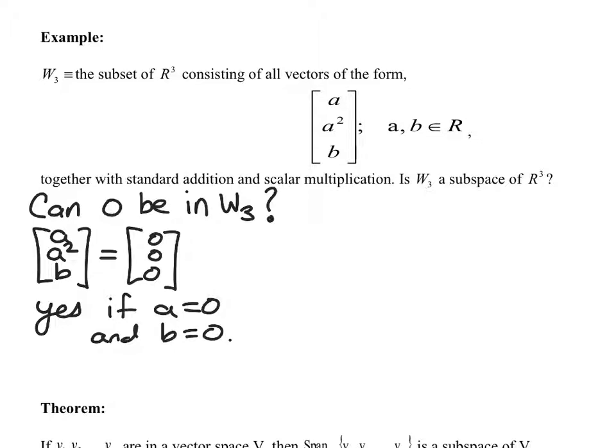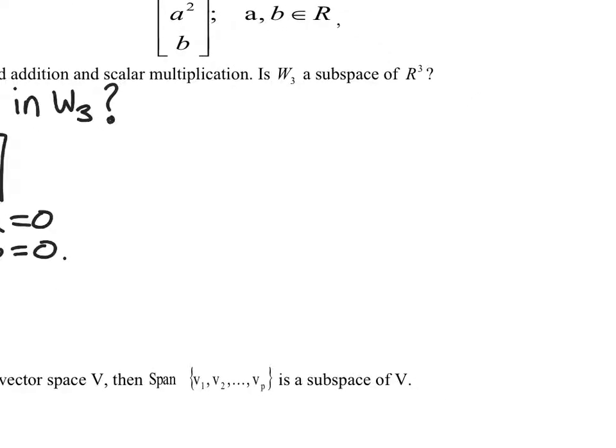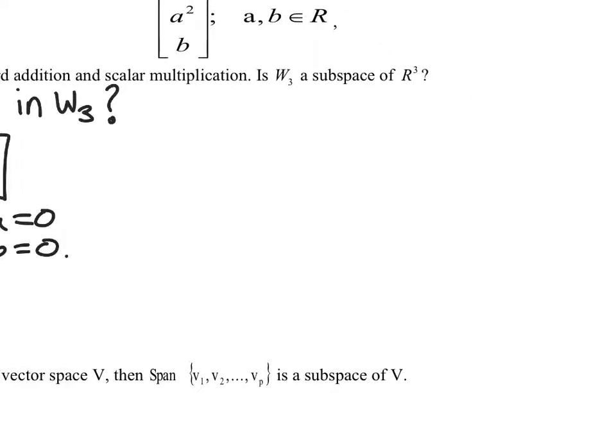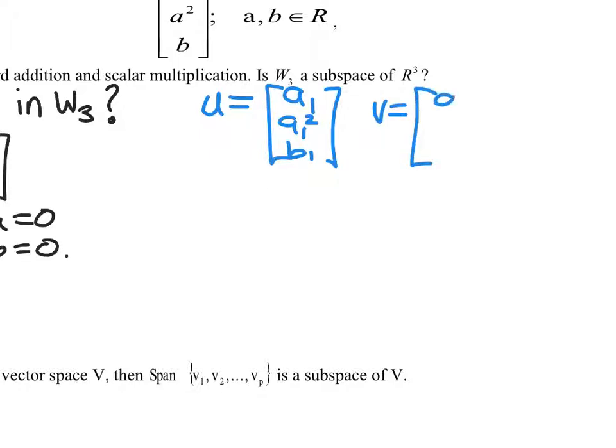They're vectors in the form (a, a squared, b), so I can make anything I want. Let u equal (a1, a1 squared, b1), and v the same stuff, just with subscript 2's.